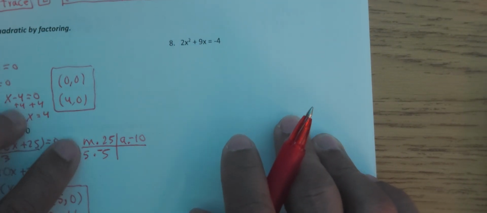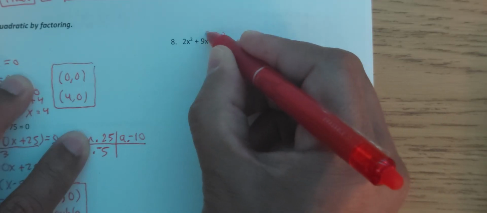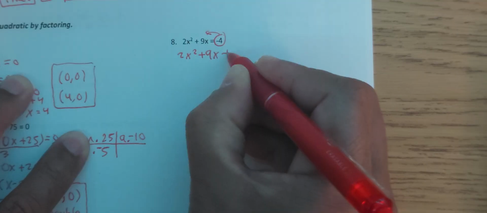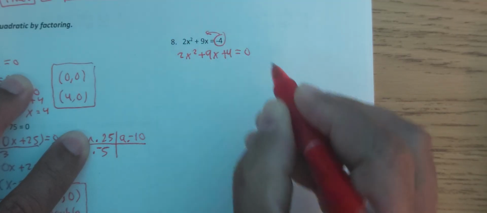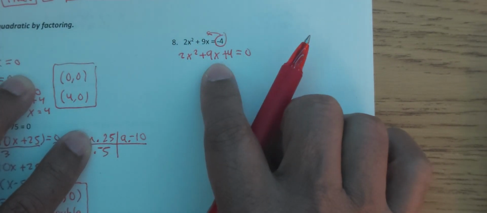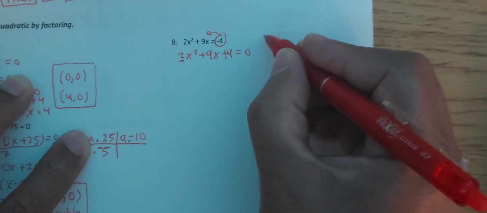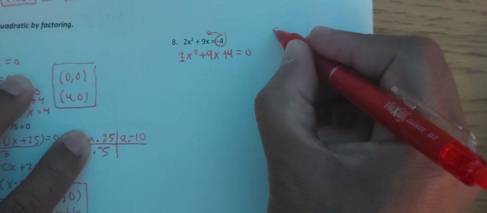Okay, example number 8. For this one, I'm going to jump this 4 to that side. So then we have 2x squared plus 9x plus 4 equals 0. Now notice there's no GCF here, so this is one of those that you do factoring by grouping. I need to find the multiples of a times c, a being 2 and c being 4. So 2 times 4 is 8.